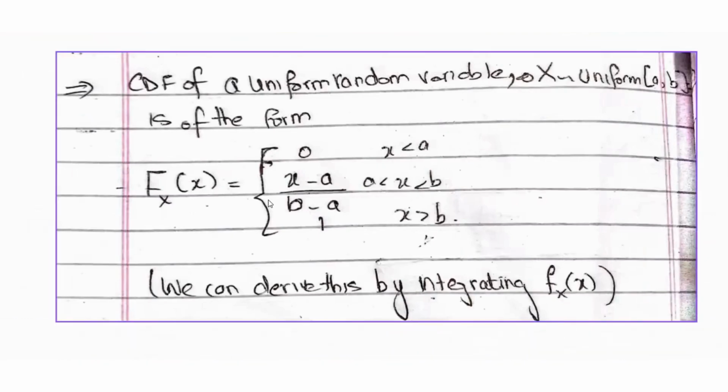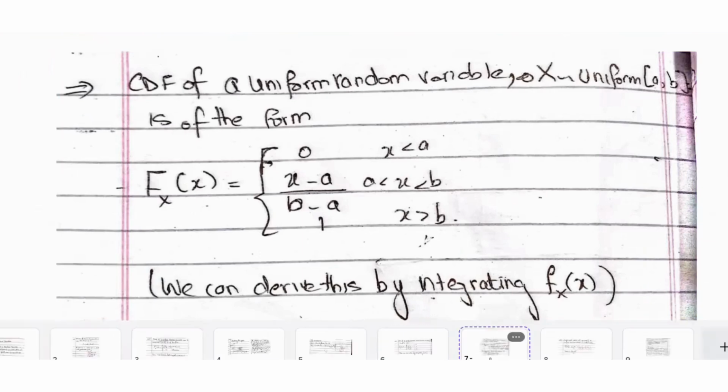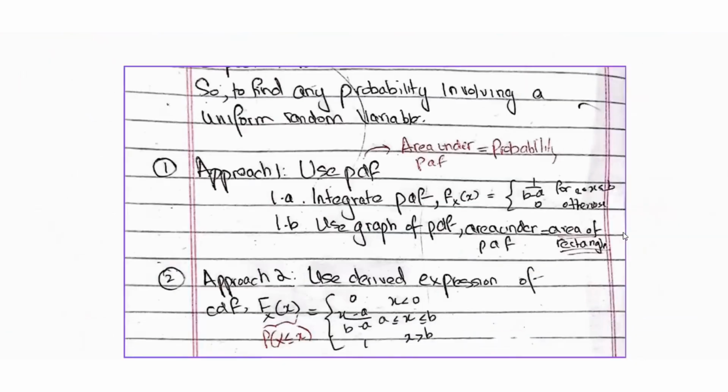Now, the CDF of a uniform random variable X is of this form, and we can derive this by integrating its PDF. So to find any probability involving a uniform random variable, just like for any other continuous random variable except normal, we can either use the PDF or we can use the CDF. When we use the PDF for a uniform random variable, we actually have two options.